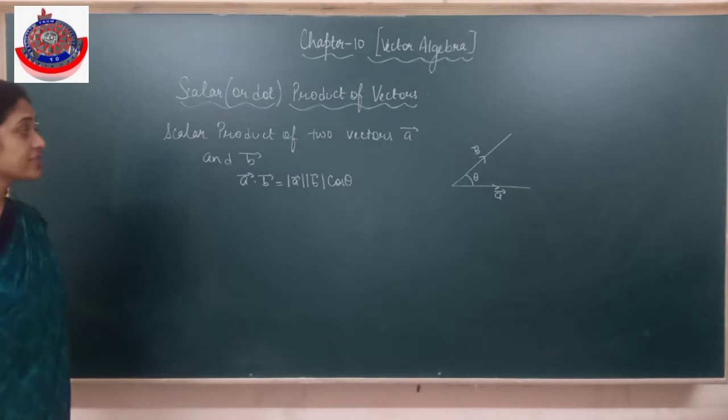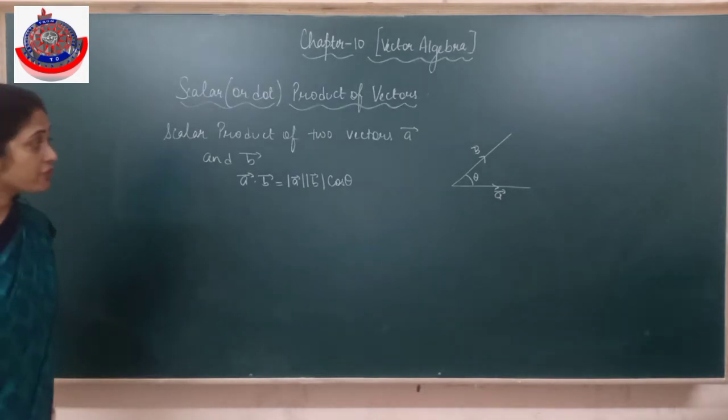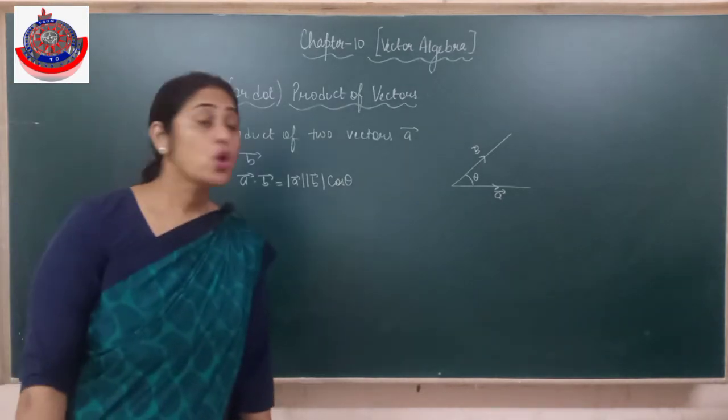Dot product, a vector dot b vector, is equal to magnitude of a vector into magnitude of b vector into cos theta.